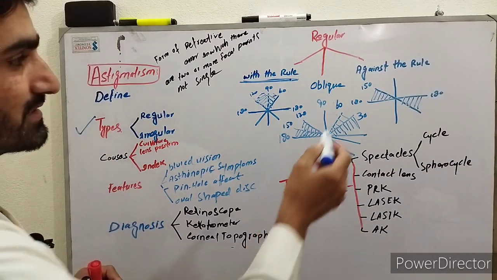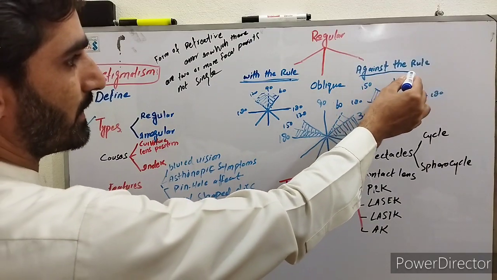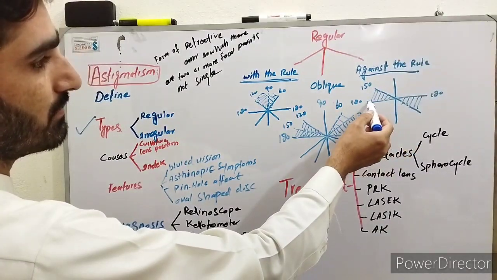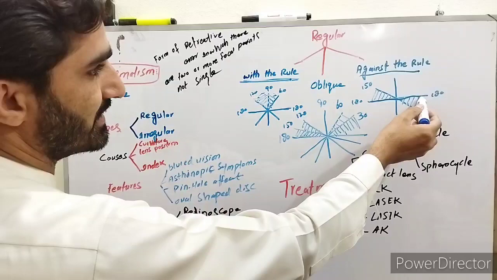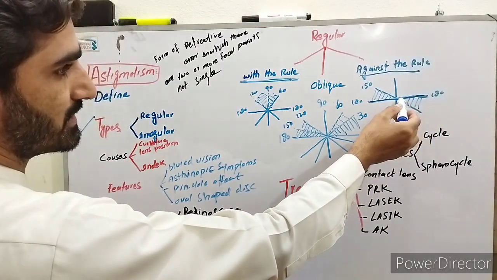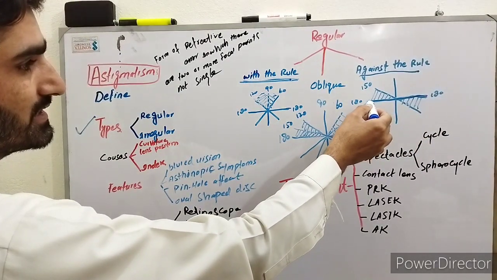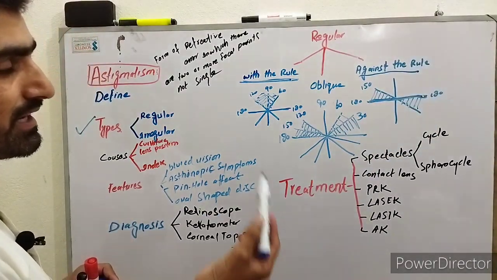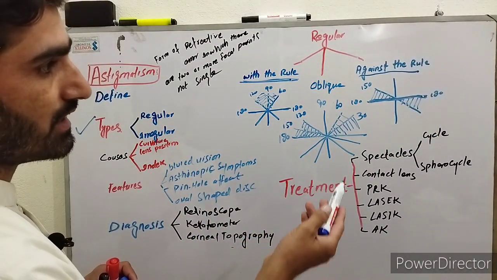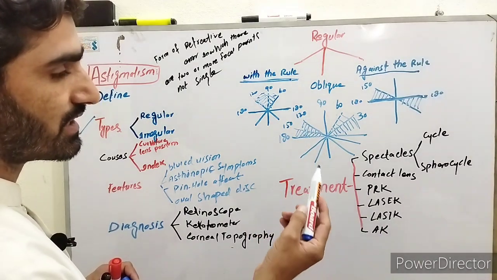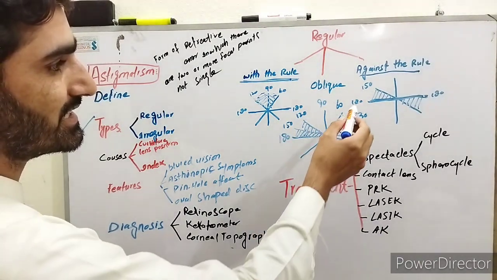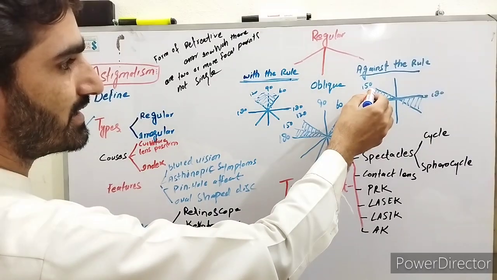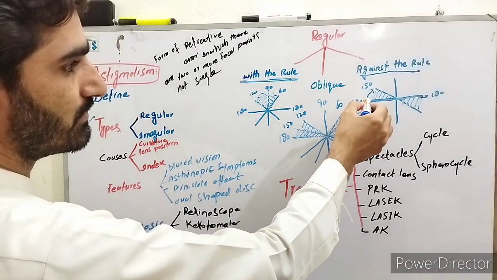Now against the rule astigmatism: if there is a problem in the horizontal meridian, this is called against the rule astigmatism. We can say if the horizontal meridian is more curved, this is against the rule astigmatism. It will be curved up or down from its normal position up to 30 degrees. Here you can say from 180 to 150.